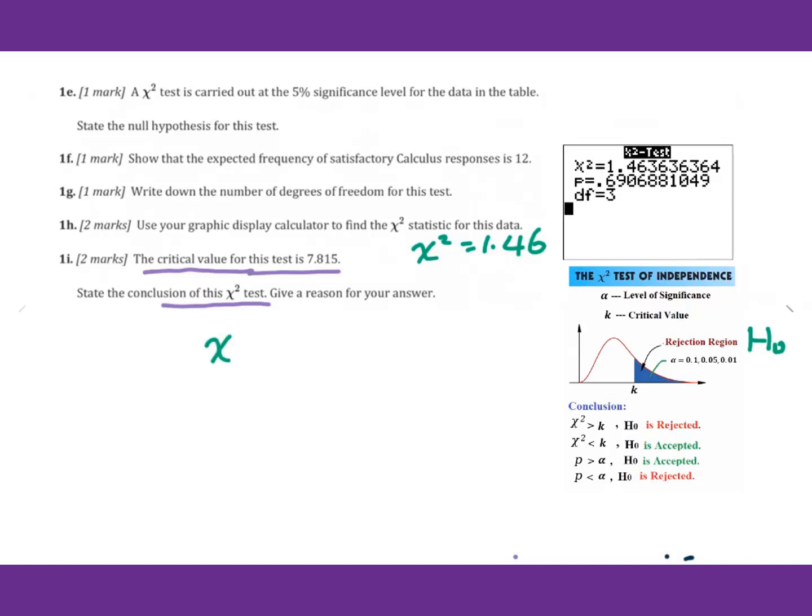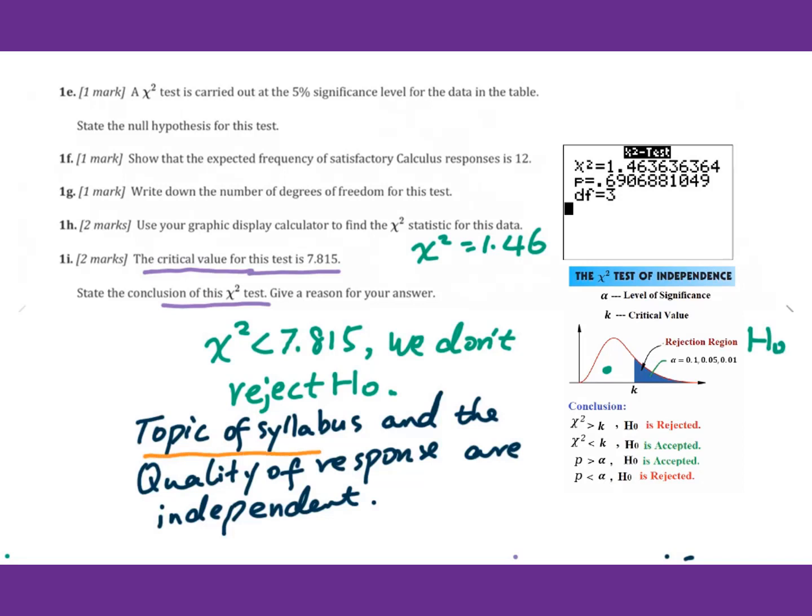We have this chi-square that's 1.46, which is less than 7.815. Therefore, your chi-square falls in here, which means do not reject H0. In other words, topic of syllabus and the quality of response are independent.